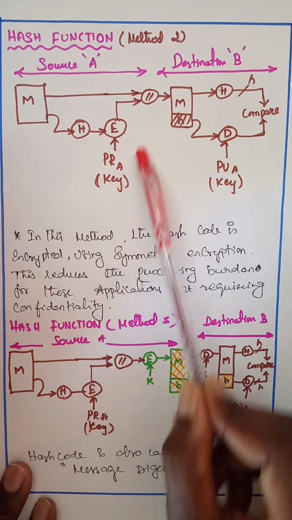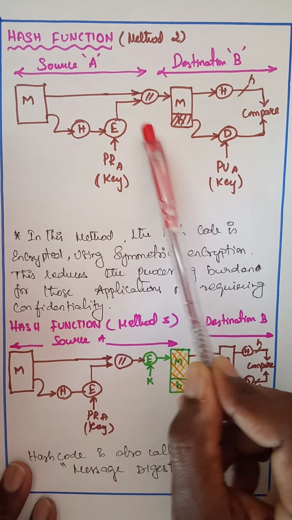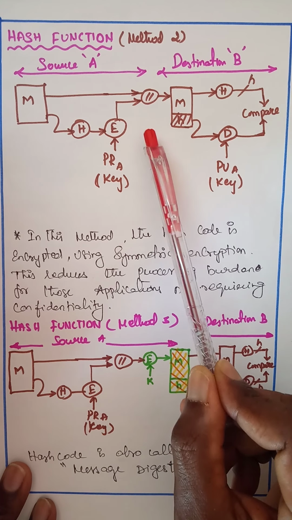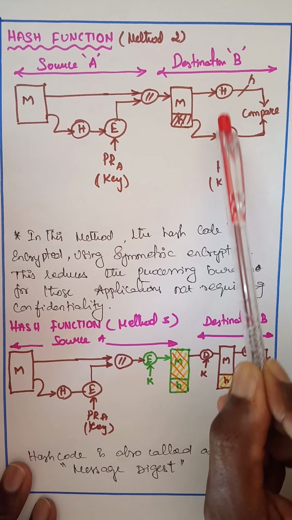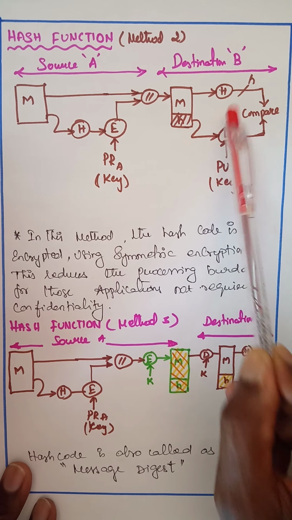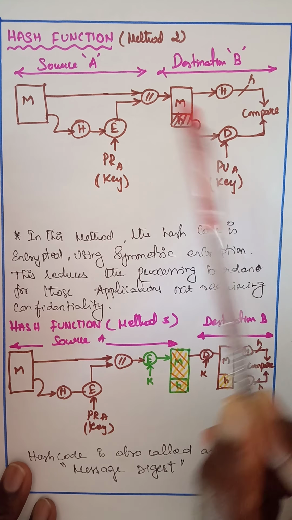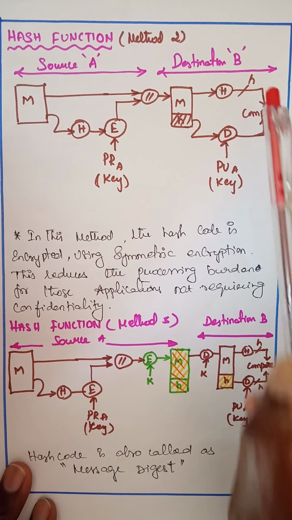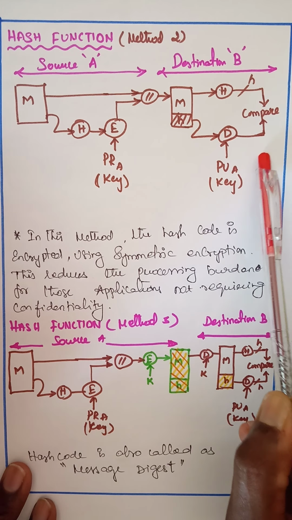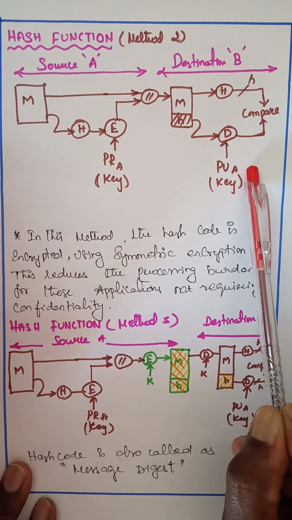We combine the encrypted hash code and the plain text, and we transmit them to the destination. On the destination side, it will generate the hash code and decrypt the hash code from the source side. If both the generated hash code and the decrypted hash code are the same, then we achieve authentication.